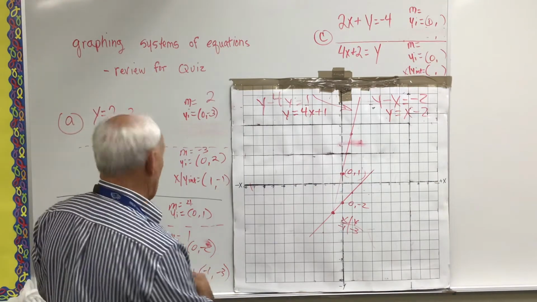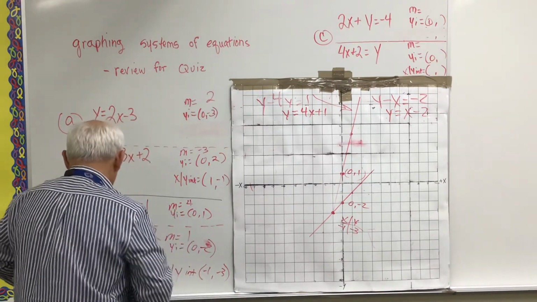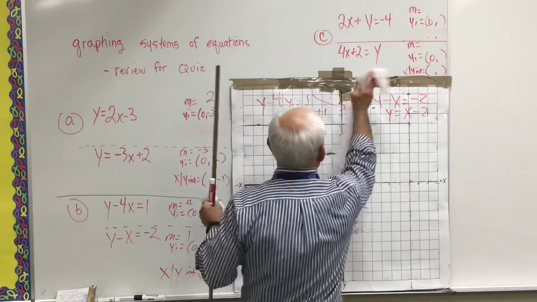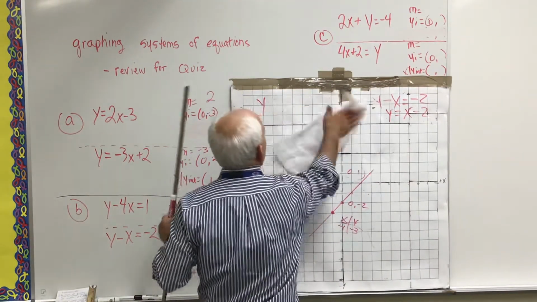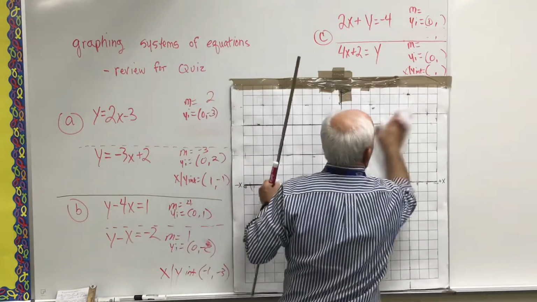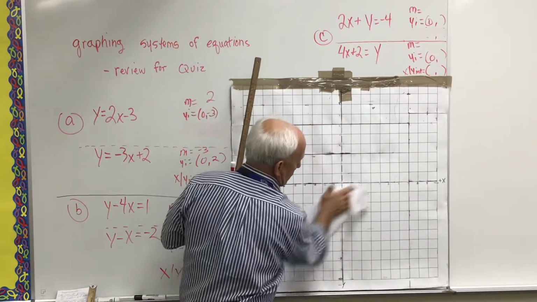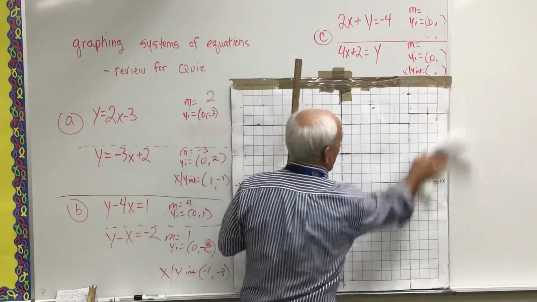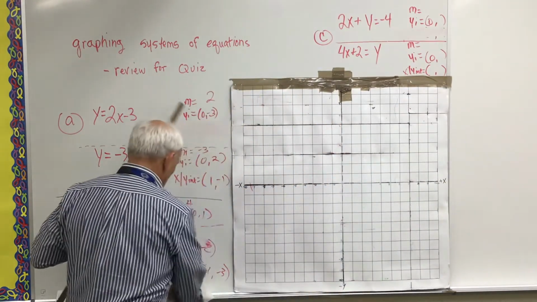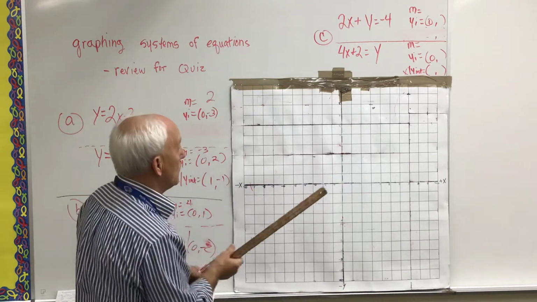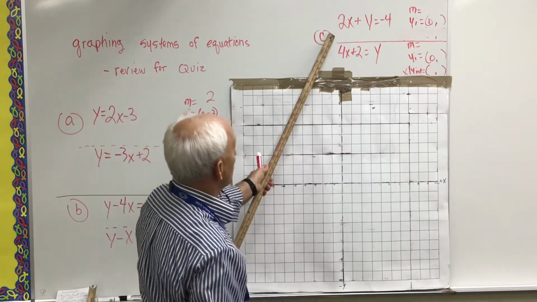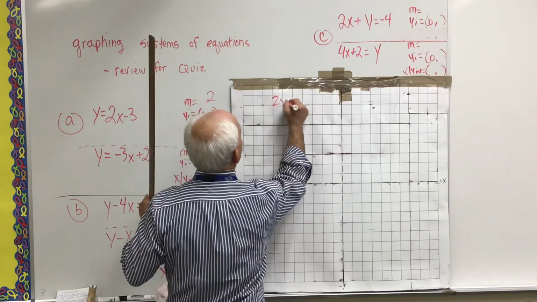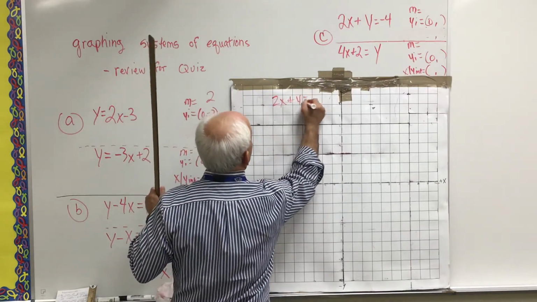Now the last one has 2 equations that we'll need to change to y equals. Having talked with a few students online and working them together, I am really happy with how well you've been able to figure this transfer out. So let's go ahead. We have 2x plus y equals -4.